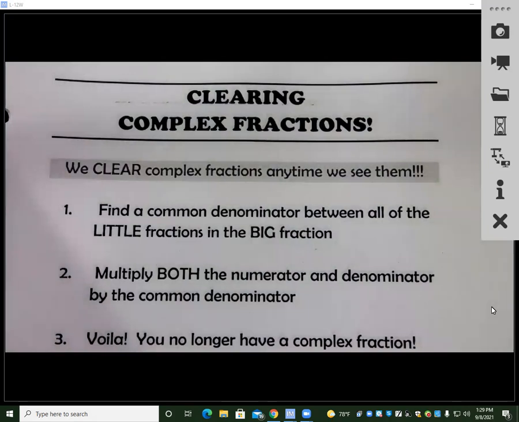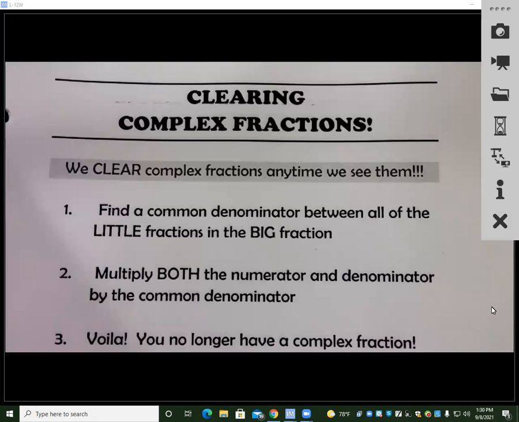So whenever we see fractions inside fractions, these complex fractions, we're going to clear them. Okay, how? First, you're going to find a common denominator between all of the little fractions in the big fraction. Multiply both the numerator and denominator by that common denominator. And guess what? If you do that step properly, you shouldn't have a complex fraction anymore.